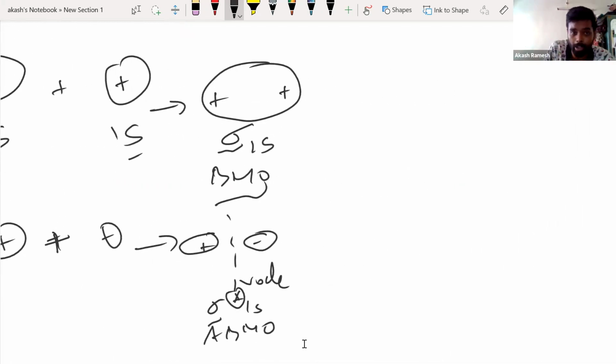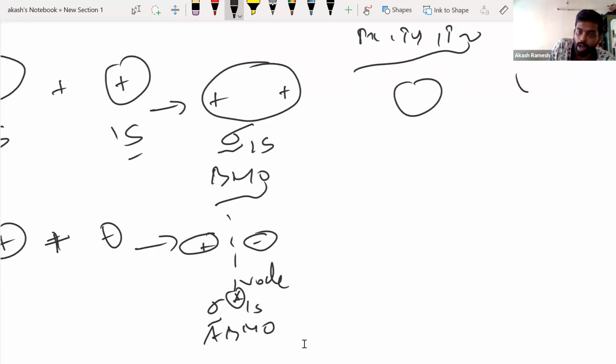We saw p orbitals also, right? Now remember I have px, py, and pz. I have 3 p orbitals. Now you have to first specify the internuclear axis. What do you mean by internuclear axis? Say I have 2 hydrogen atoms like this.